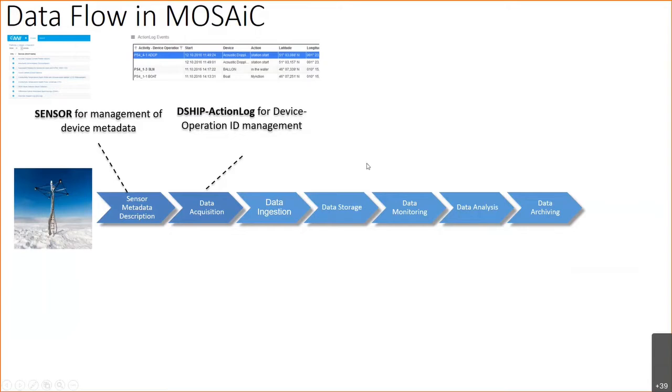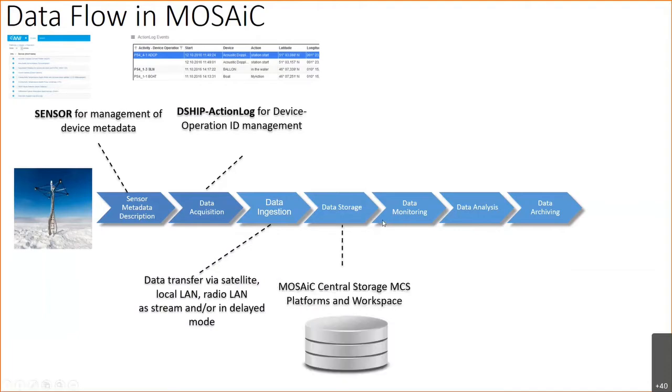When this is done, the raw data we move through the automatic process, the ingest procedure. In the case of MOSAIC, the data storage is referred to as MCS, MOSAIC Central Storage. And that contains areas of raw data, which we call platforms, and a process data workspace.